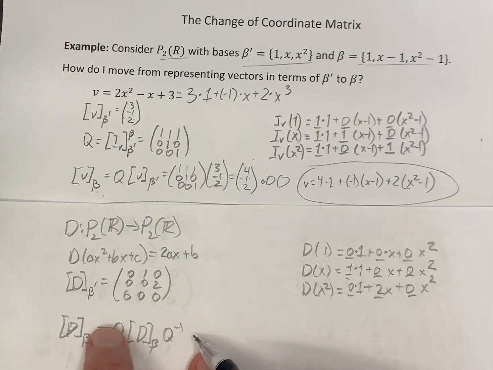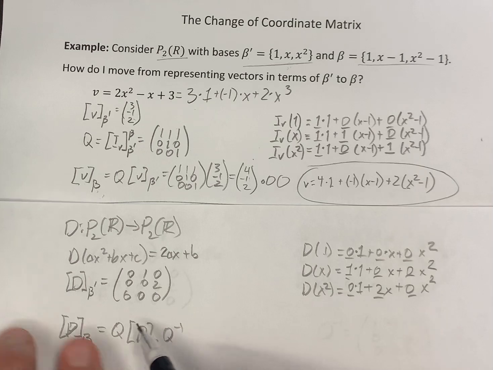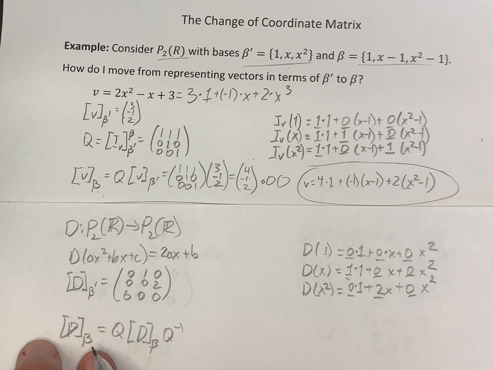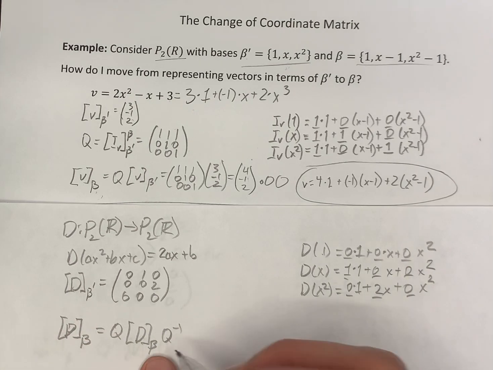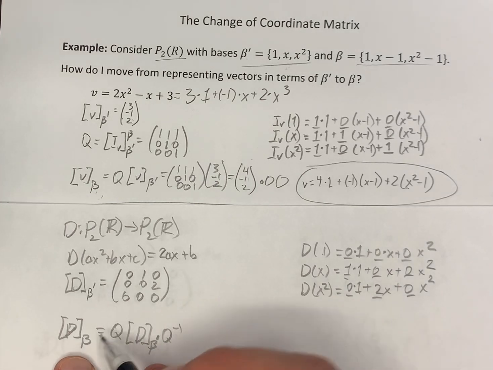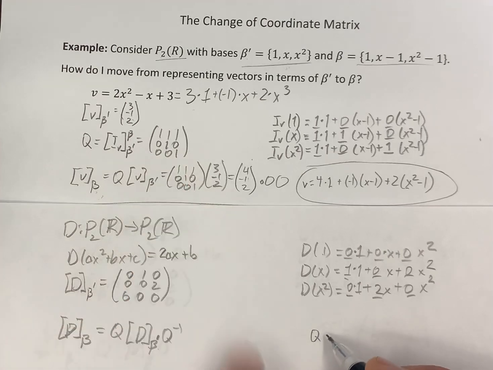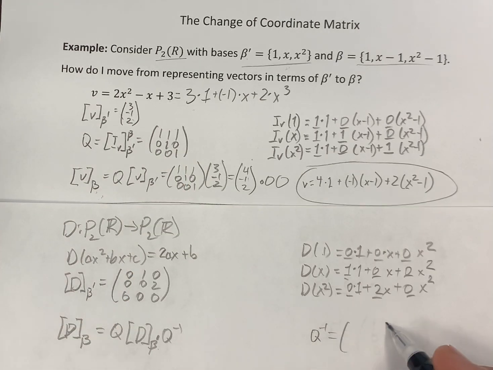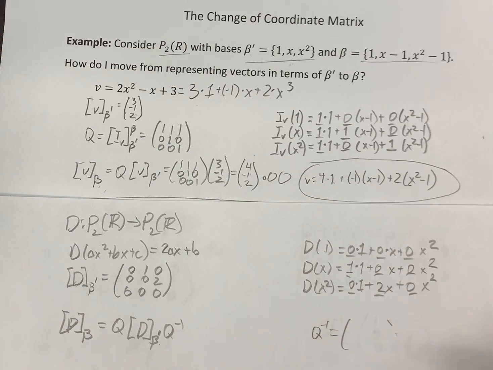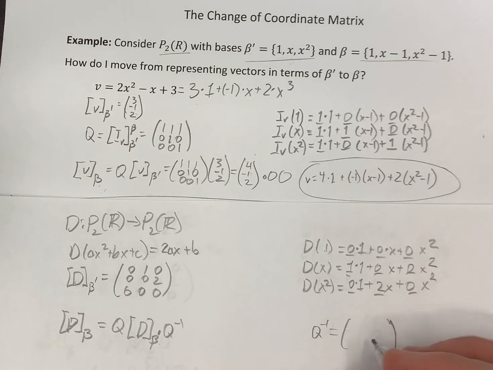If you multiply it on the right by Q and on the left by Q inverse, you might have the form that's going from beta to beta prime, but I'm switching it, and you can go either direction. So this is what I have. Now I have Q up there, Q inverse.